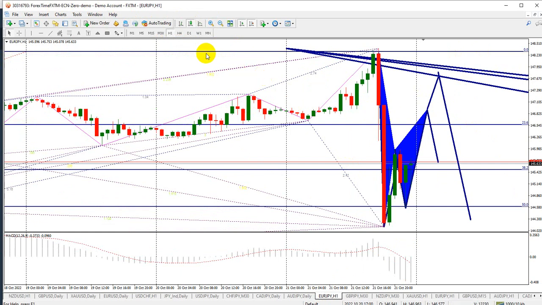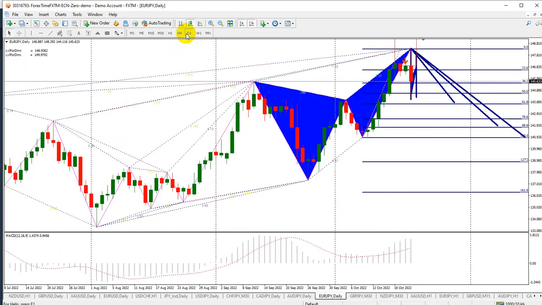And you can also see on daily that there is a good setup, and that's why we draw all these things to see if price will get to 61.8, then 78.6, and then 88.6. These are the regions we expect price to touch as it's falling down.